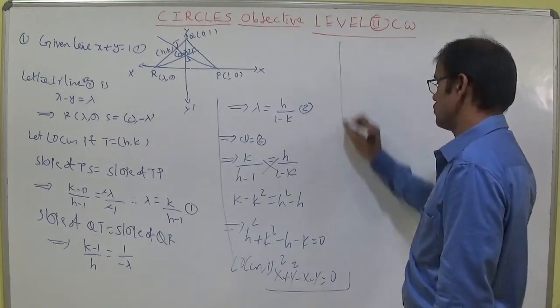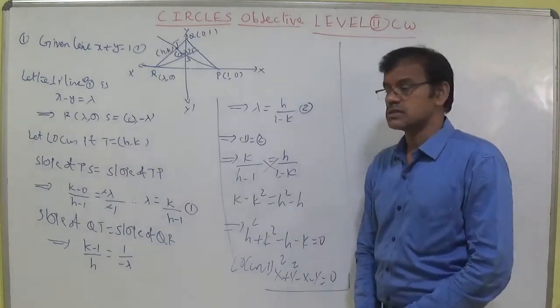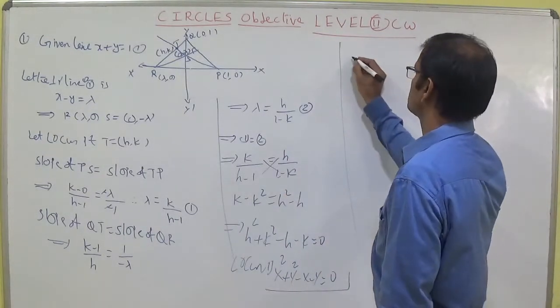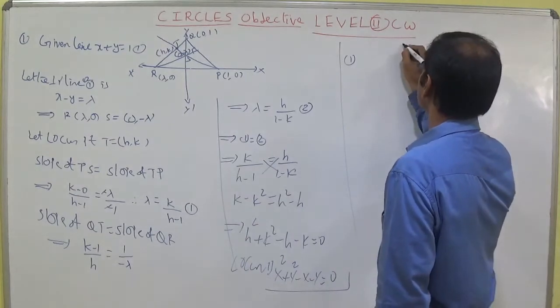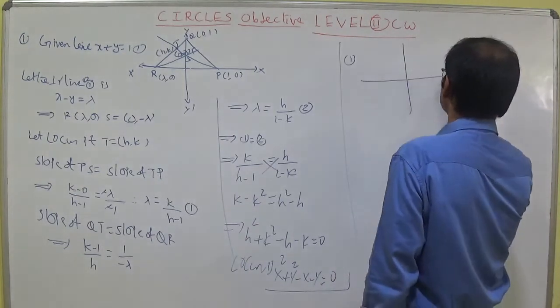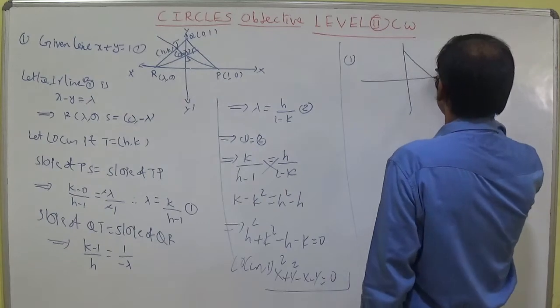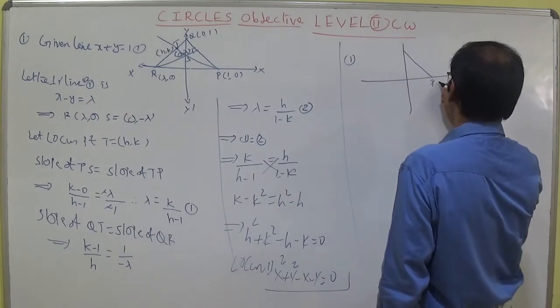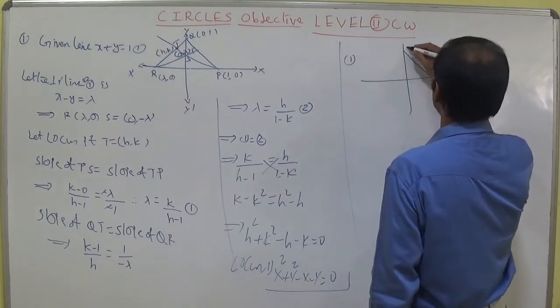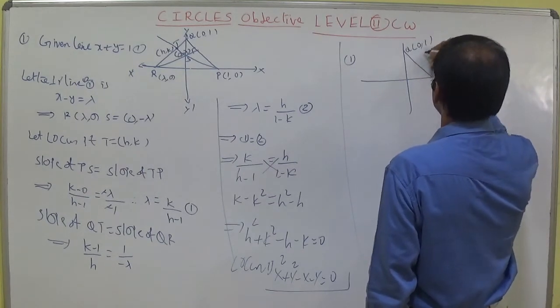This is the method. Let us discuss a shortcut regarding this sum. Draw like this, the line x plus y equal to 1. Put here P (1, 0) and here Q (0, 1).